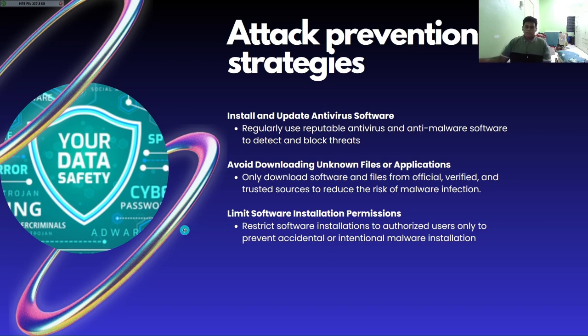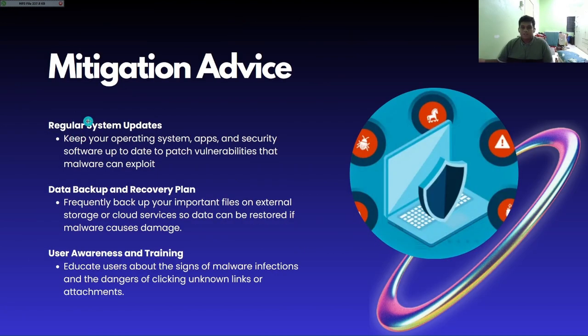Limit software installation permission: restrict software installation to authorized users only to prevent accidental or intentional malware installation, which means only admin can do software installation, or a normal user needs to ask the admin for a password, which will prevent this problem.